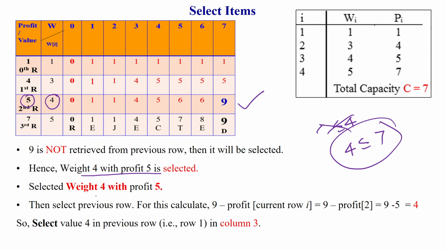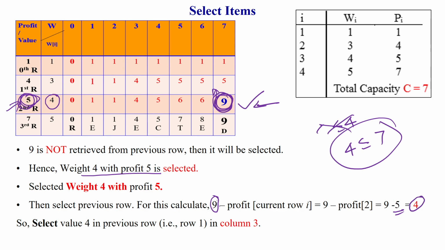After selecting this item, we have to move to the previous row. So how do we move? We check this value: the maximum profit earned here is 9 in this cell, minus the current product's profit, which is 5.